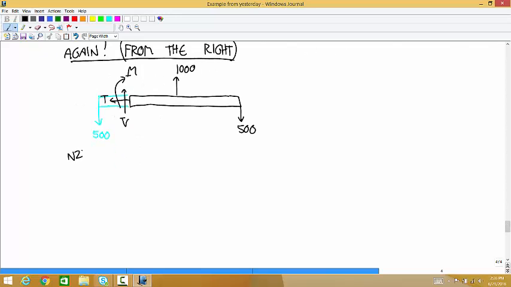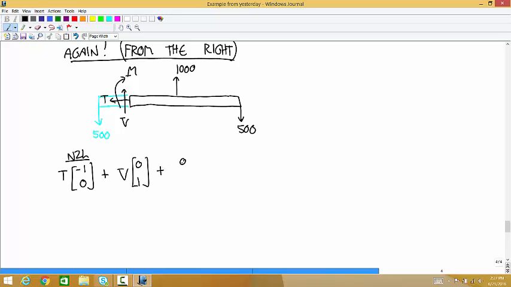Okay, so Newton's second law says, what's a unit vector in the direction of t? Yeah, so that's t times negative 1, 0. The unit vector in the direction of that v? Yep, so v times 0, 1.